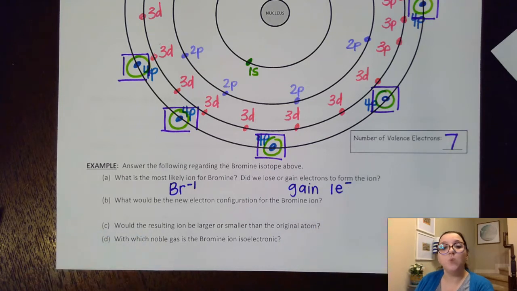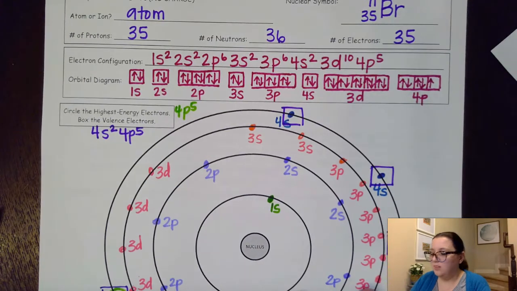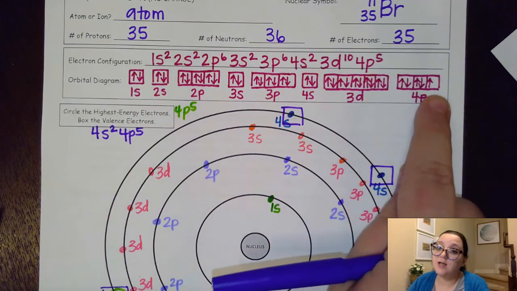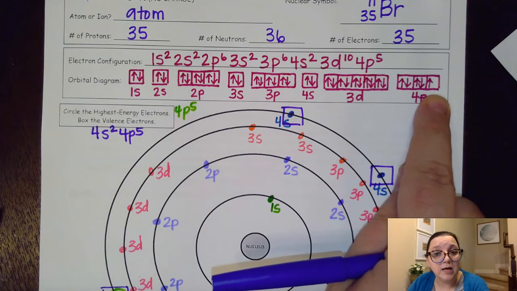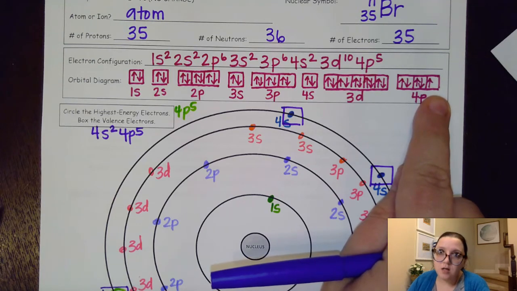So now it asks what would be the new electron configuration for the bromine ion. Well, let's think about where that 1 electron would go. Looking back up here, think about our electron configuration in those valence. It makes a lot of sense for us to gain 1 more electron into that 4p because it only has 5 right now, and we know it can hold 6. Also, if we end with p6, then that would look like a noble gas.